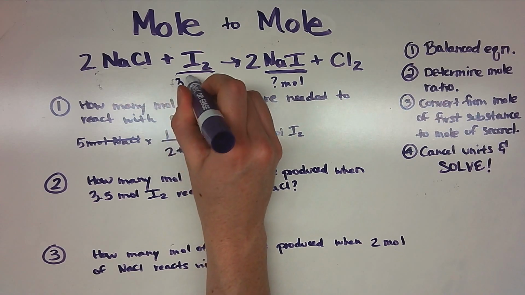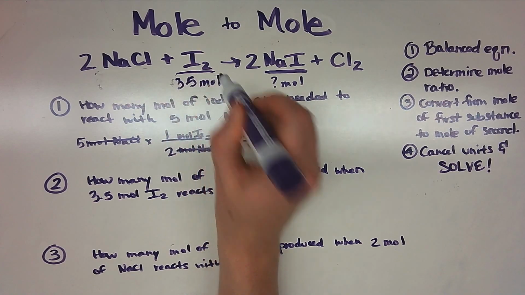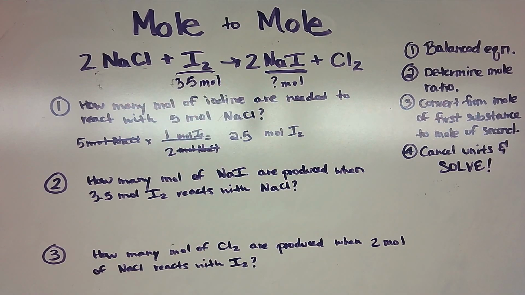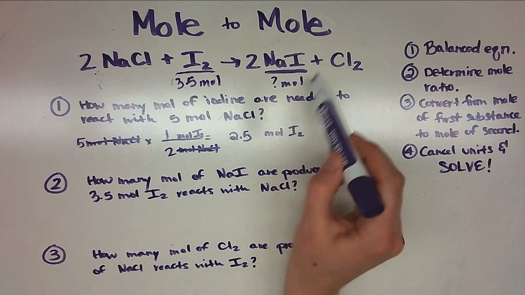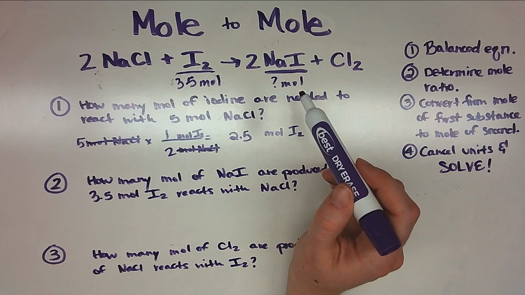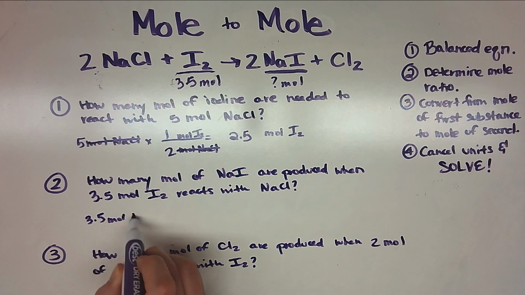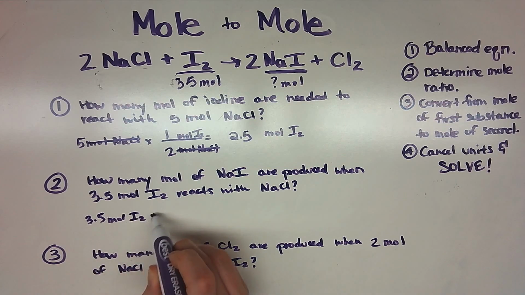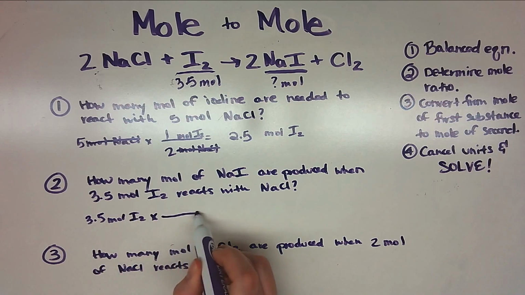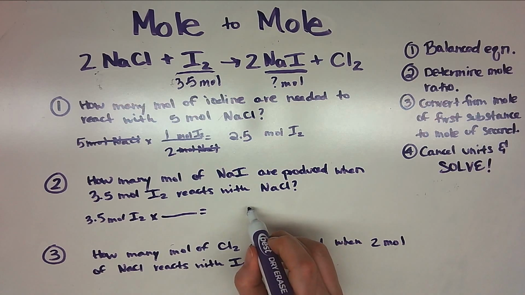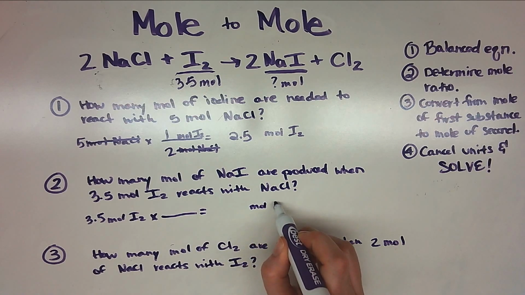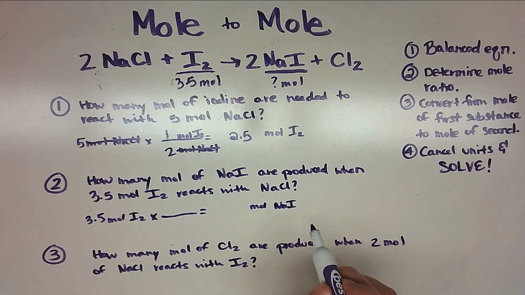So we're starting with 3.5 mole of iodine, and we're asked how many mole of sodium iodide should we have. Right, so I'm going to write what I'm given, 3.5 mole of iodine. I'm going to determine my mole ratio and set up to convert to mole of sodium iodide.